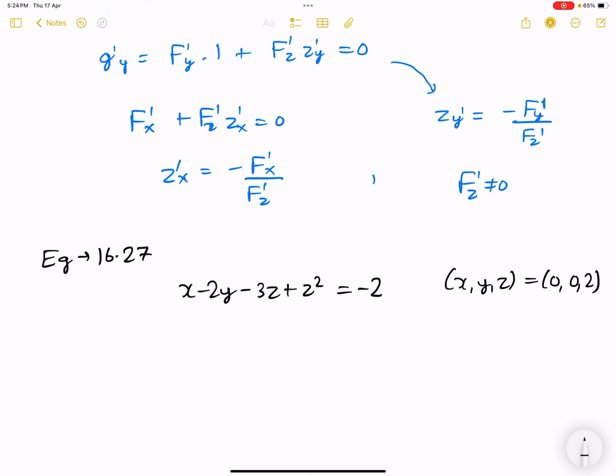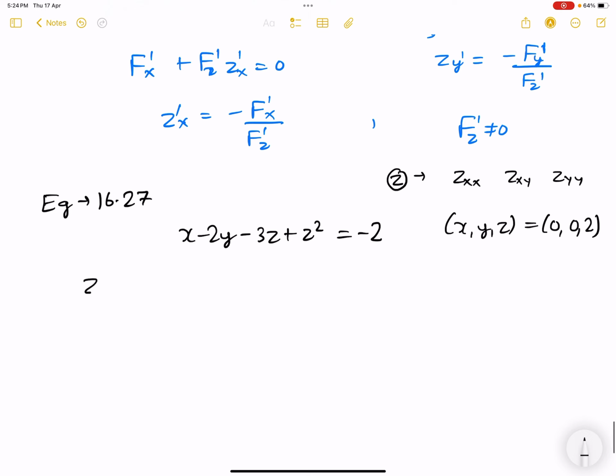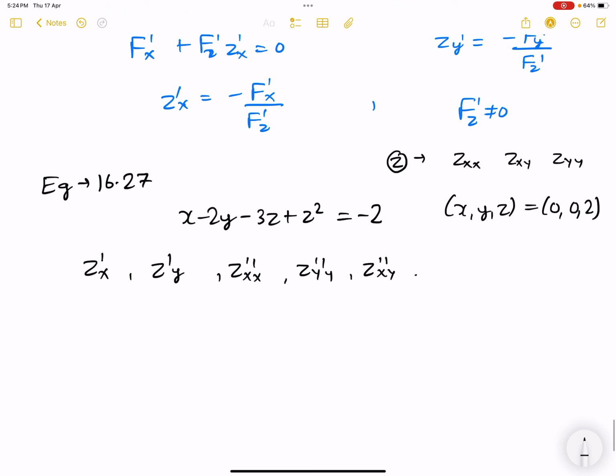And it is said that z is a twice differentiable function of x and y, so the derivatives exist. They are asking us to compute z'x, z'y, z double dash xx, zy double dash, zxy double dash, and find the numerical values of all these partial derivatives at 0, 0. We have to find the values of all of these at 0, 0.